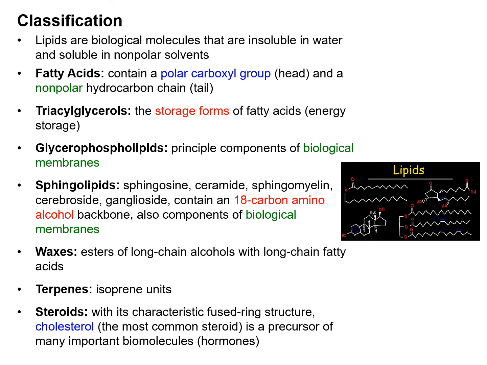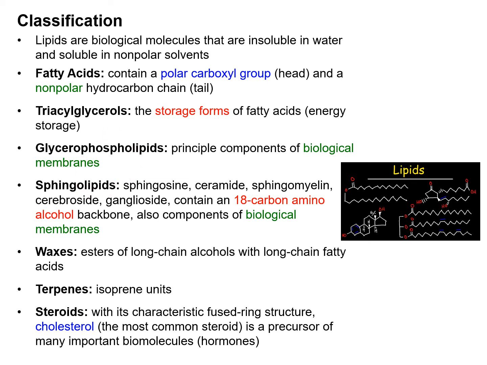The next one is sphingolipids, a class of lipids containing sphingosine bases. Examples would be ceramide, sphingomyelin, cerebroside, and ganglioside. All contain an 18-carbon amino alkyl backbone, and they are also components of biological membranes. These are really important, so we're going to revisit them in this lecture.